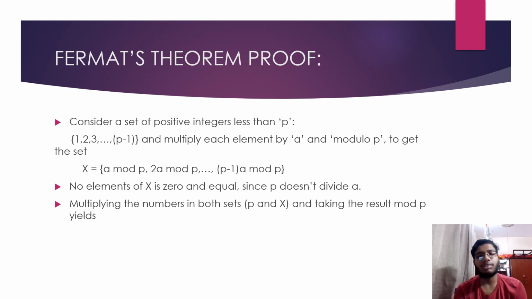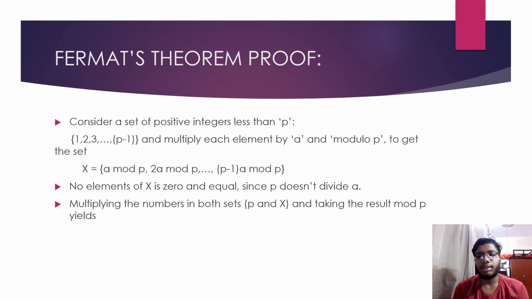Well, this last equality is impossible because j and k are both positive integers less than p. Therefore, we know that the p minus 1 elements of X are all positive integers with no two elements equal. We can conclude that X consists of the integers 1, 2 up till p minus 1 in some order.